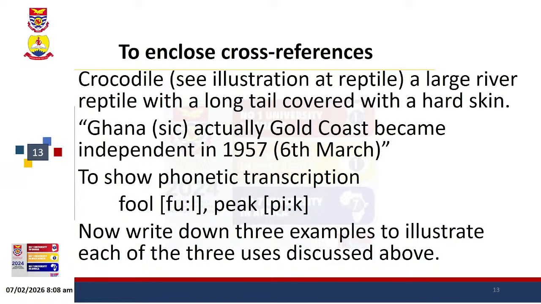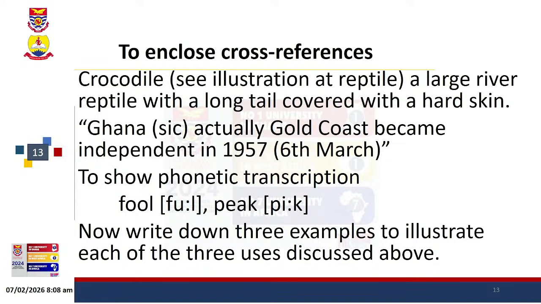So see illustration at reptile is extra information being given to you, so that if you want to do any further looking up on crocodile, then you can go to the section titled reptile. So crocodile, bracket open, see illustration at reptile. A large river reptile with a long tail covered with what? A hard skin.